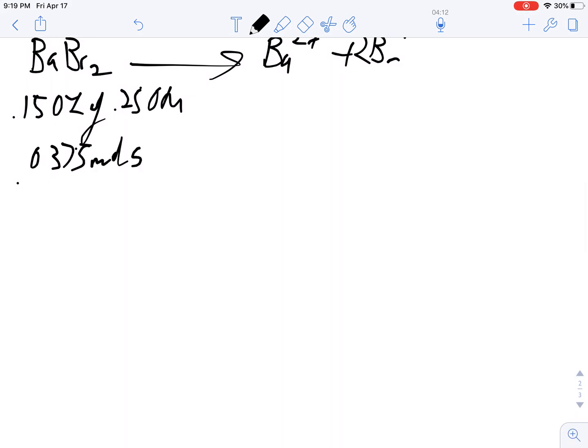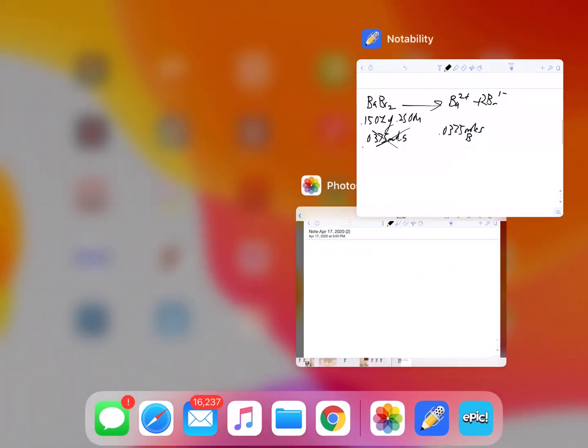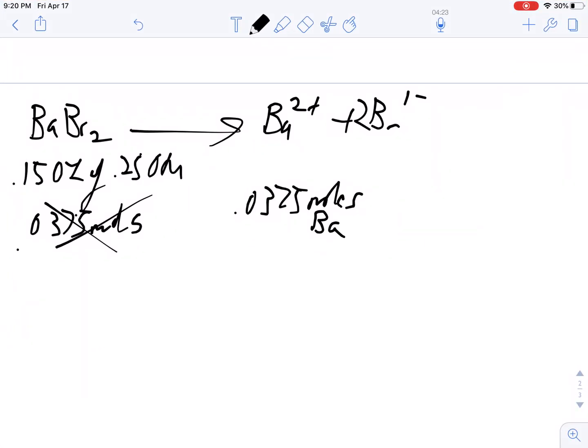All of that will break apart, and I'll end up with 0.0375 moles of the barium. And I will end up with twice as much moles of the bromide. And then I'm going to divide that by my new volume, 0.250 liters.